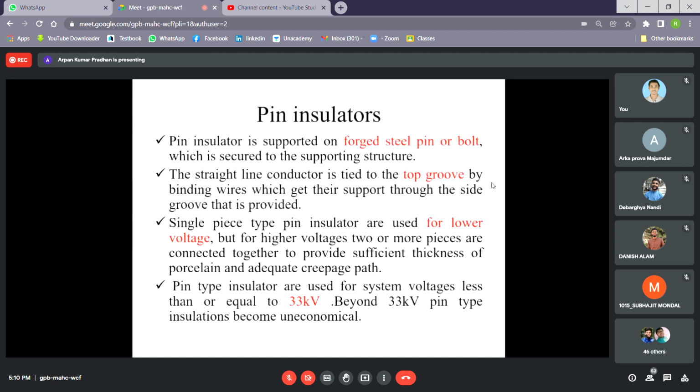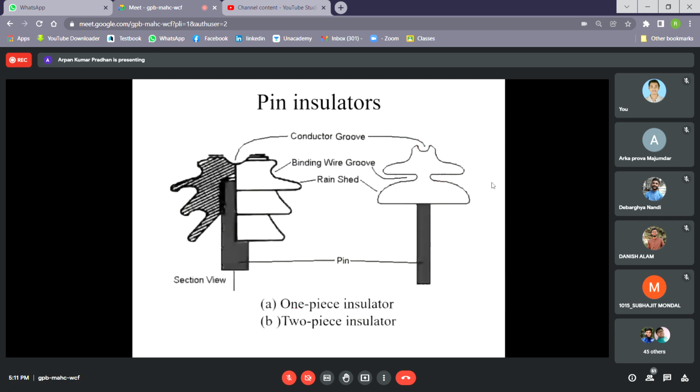You can't use the pin insulator beyond a certain voltage level. Generally we use the pin insulator up to 33 kV. Beyond 33 kV, it is not economical to use the pin insulator. So this is the typical structure of the pin insulator that I have already shown you.